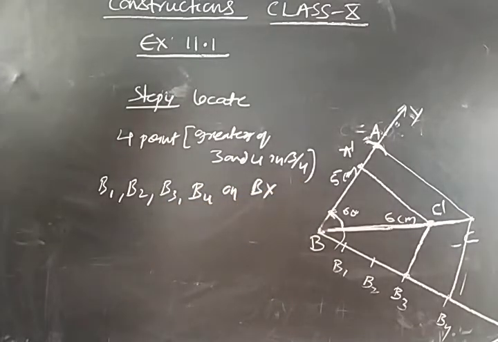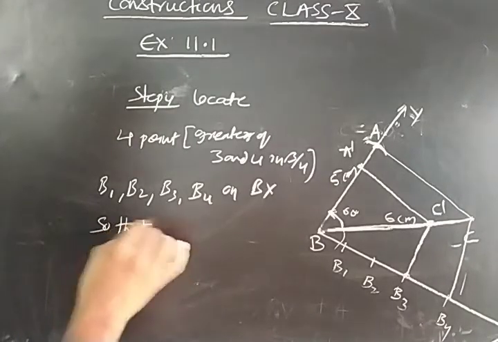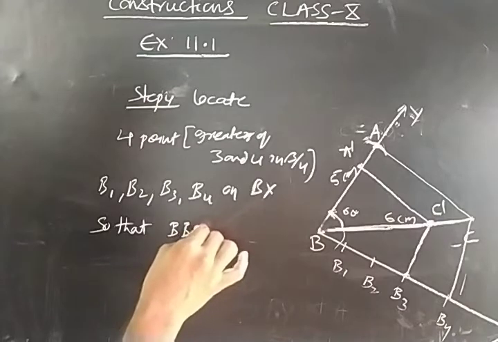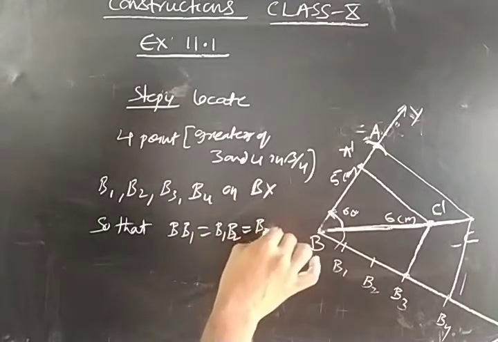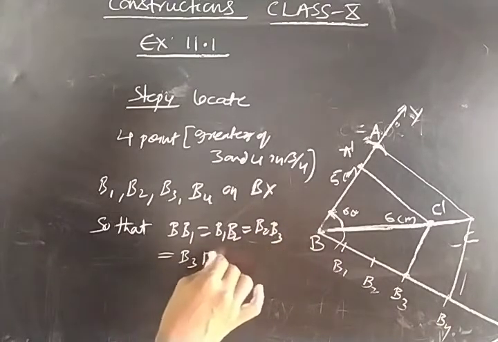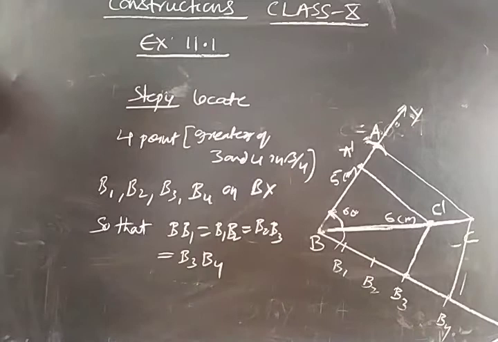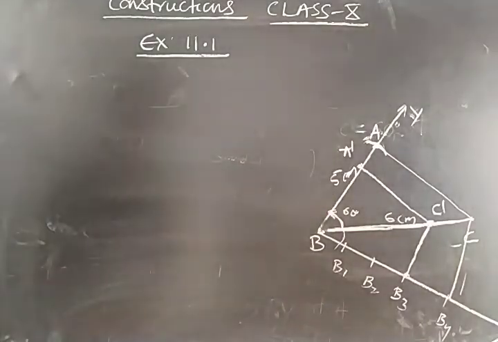How to locate the points? In such a way that B1B2, B2B3 should be equal to B3B4. In this way, we have to locate the 4 points. Okay, right. After locating these 4 points, through B4, join B with B4.